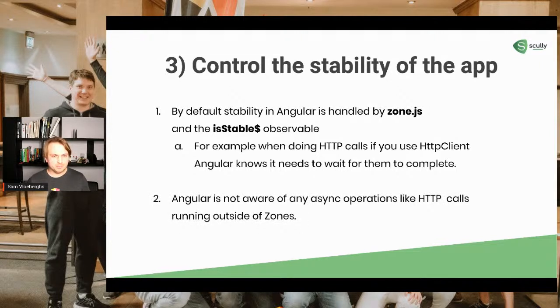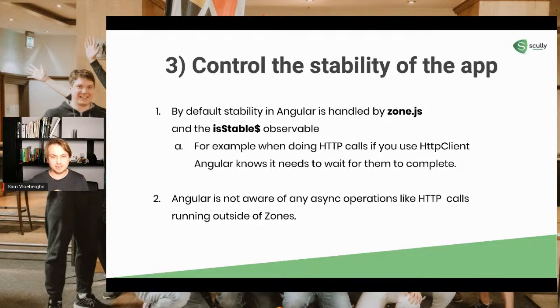But Angular is by default not aware of any async operation, like, for example, HTTP calls that are running outside of the framework. So this is about being able to use any third-party library in our application with Scully, and it will still work. You might use any other tool to do HTTP requests to your backend.